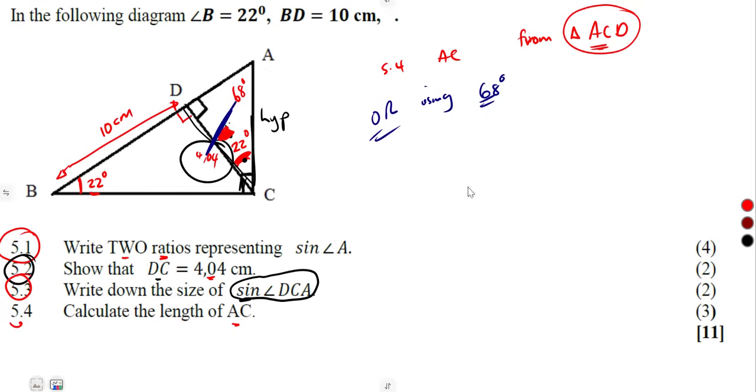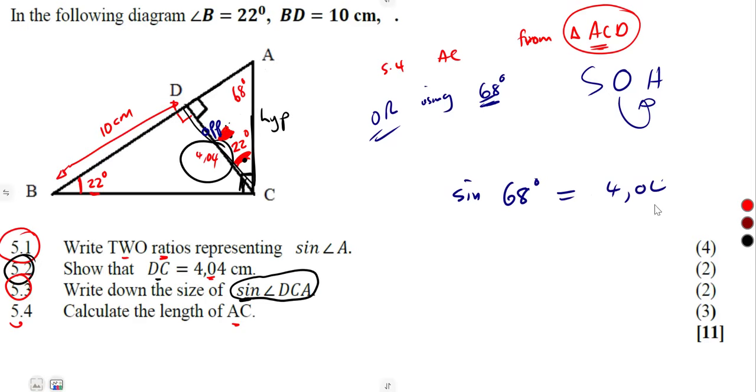It is facing that 68. And AC is the hypotenuse. So which ratio is opposite and hypotenuse? That's our sine, SOHCAHTOA. So the sine of 68 is equal to the opposite, DC, 4,04, over the hypotenuse, which is AC, the one that you are asked to calculate.